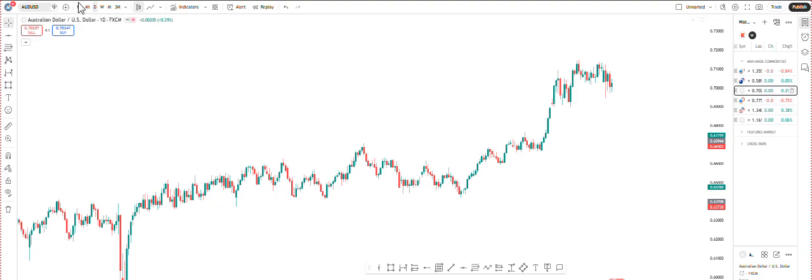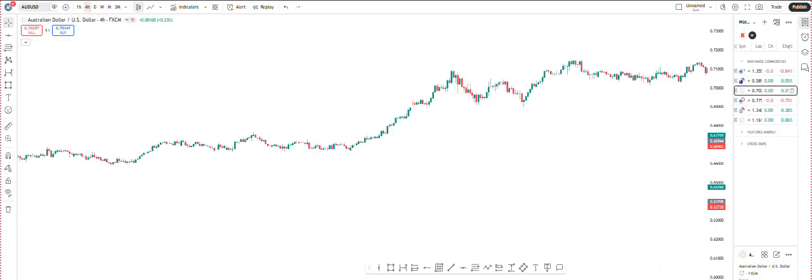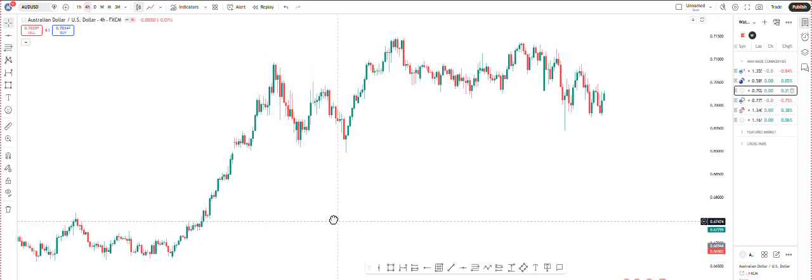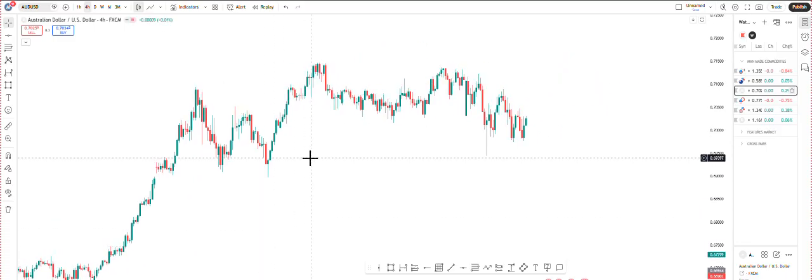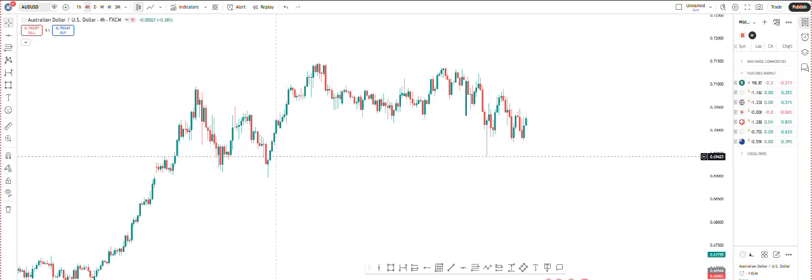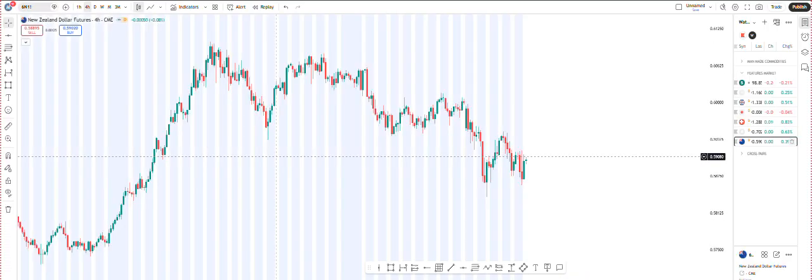Let me go down to the 4 hour chart, sorry. This is AUD USD, but I feel like on the futures chart, we already triggered that demand zone.